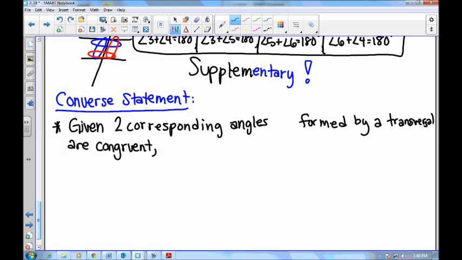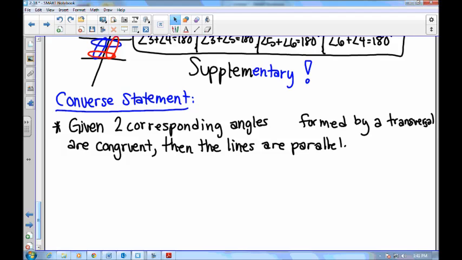So starting backwards, starting with information about the angles, and that we know that they're formed by a transversal, and we know that they're congruent, then the lines are parallel.